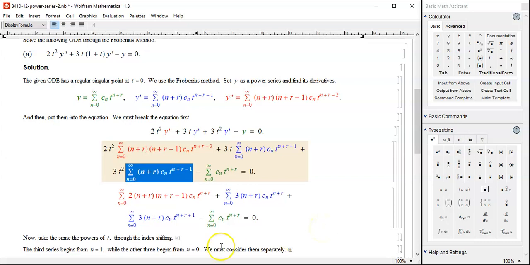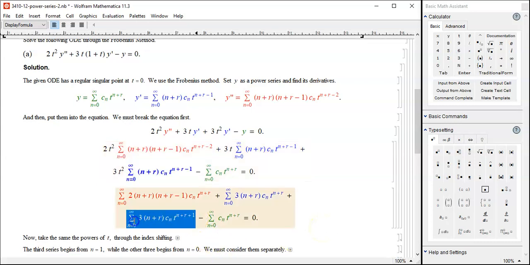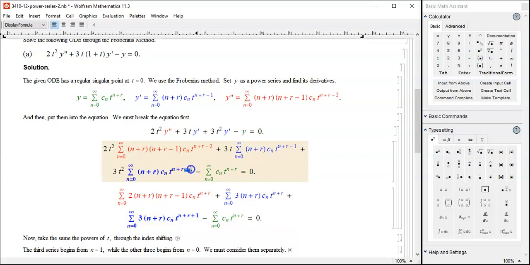Shall I make it bold? Okay, all right. So pay attention to this bold part. Minus 1 power became plus 1 power. That's because multiplied by t squared. And the others all became t to the n plus r power. So they're all okay, except for the last one.